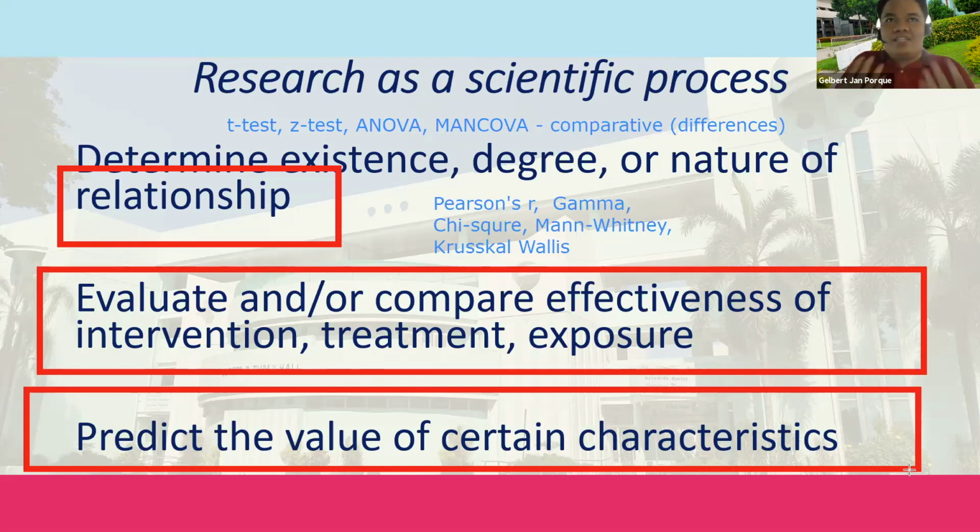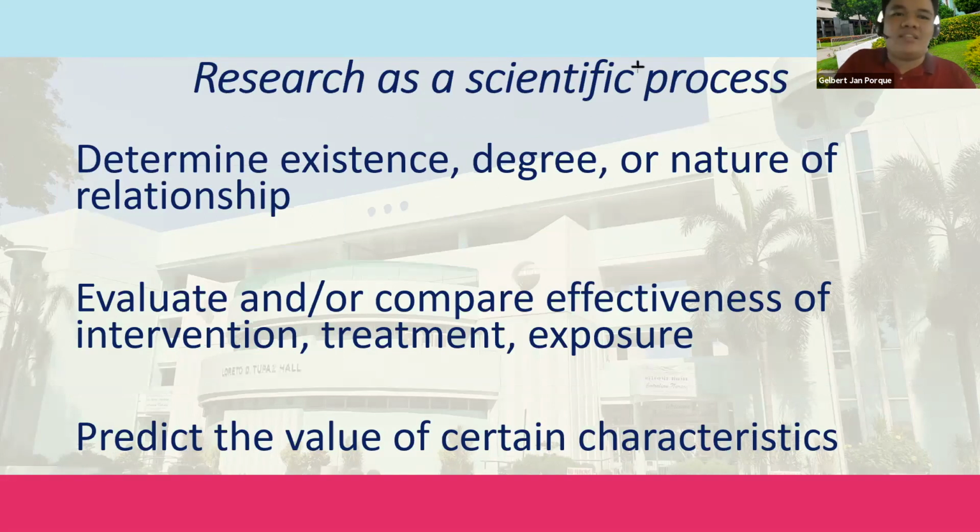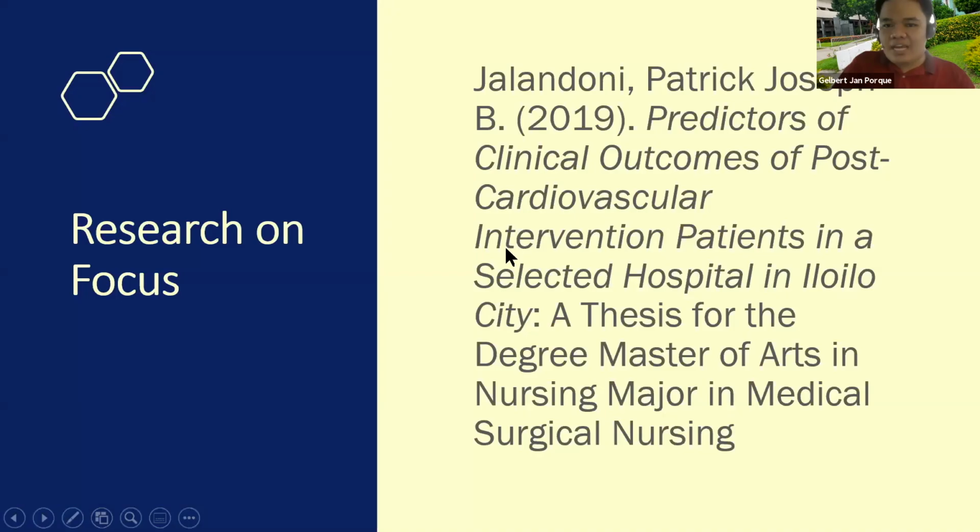Or they will say 50% of your probable score in your board examinations can be predicted by your score in your nursing aptitude test. That is an example of the predictive value. It may sound difficult, but it actually just entails complicated statistics.